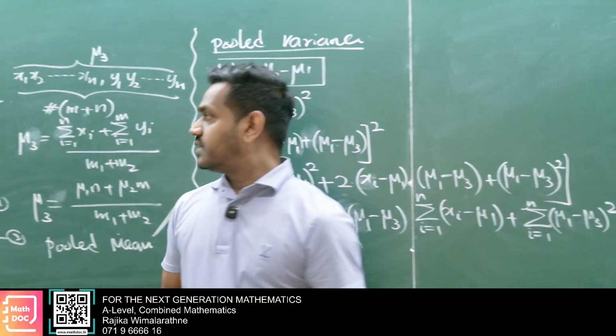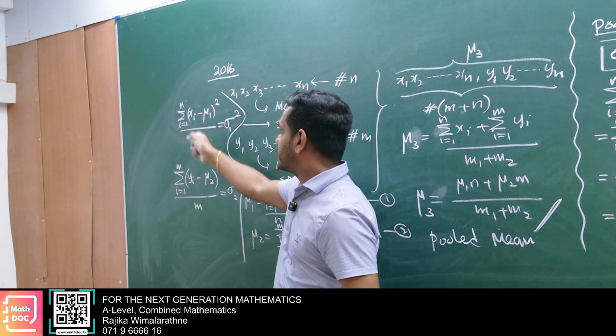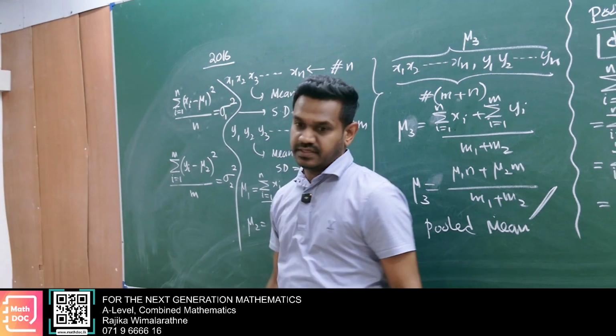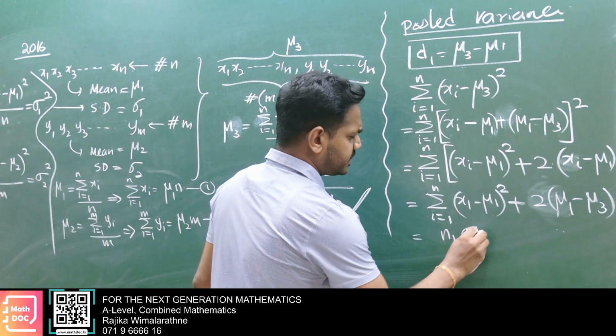You practice this proof. Then the sum over i equal 1 to n of (xi minus mu1) squared equals n times sigma1 squared. Here instead of this, you write n1 times sigma1 squared.